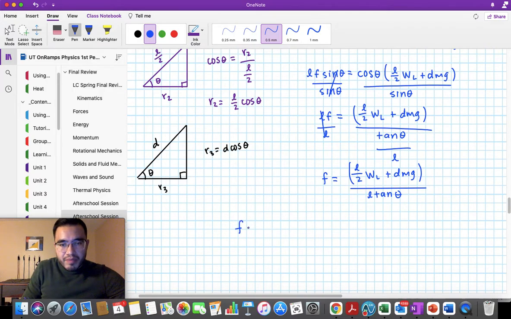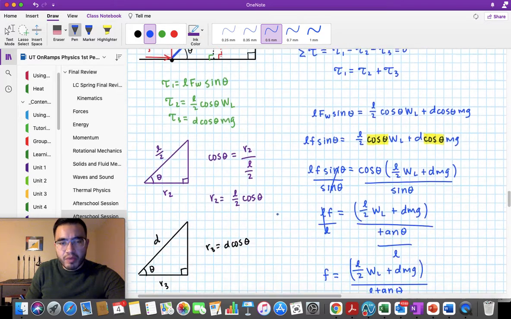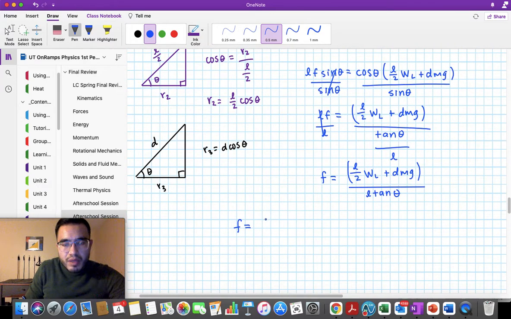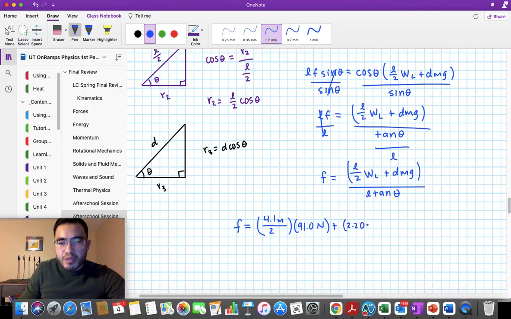So then the force of friction is the length of the ladder, that is 4.1 meters, 4.1 meters divided by 2, times the weight of the ladder, which is 91 newtons, plus the distance d, maximum distance 2.2 meters, which we found in the other video.